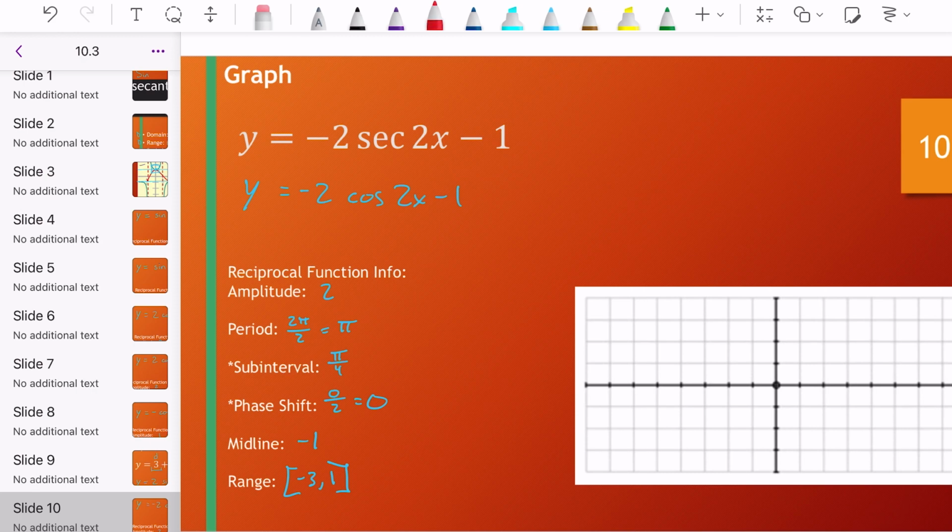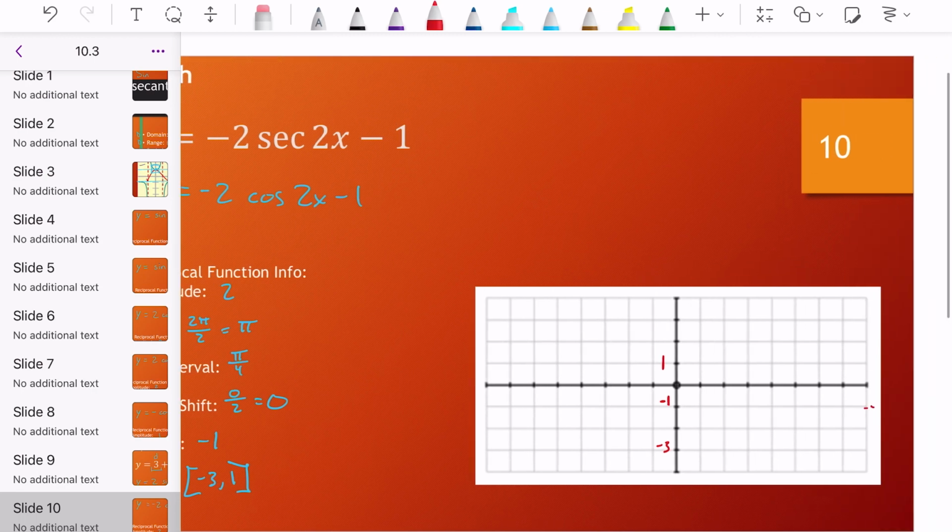Now in this case, as we're graphing, the graph does allow us to just go ahead and draw out everything as is. So we can keep that x-axis as 0. Our first and maximum would be 1. Our negative 1 would be our midline, and our negative 3 would be our minimum.